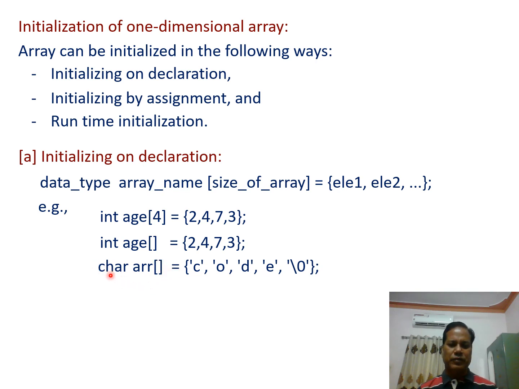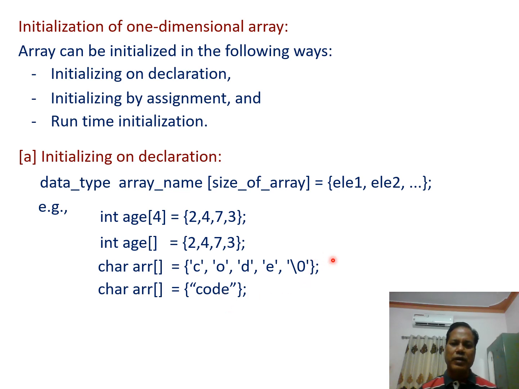So this is a character type array. Each character on the right-hand side is included in single quotation marks, and the last character is always going to be a null character. If we have to store strings, they are included in double quotation marks.